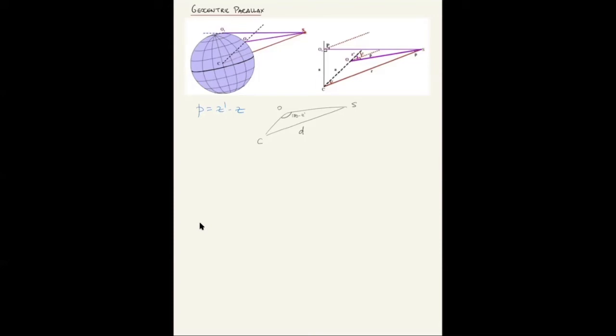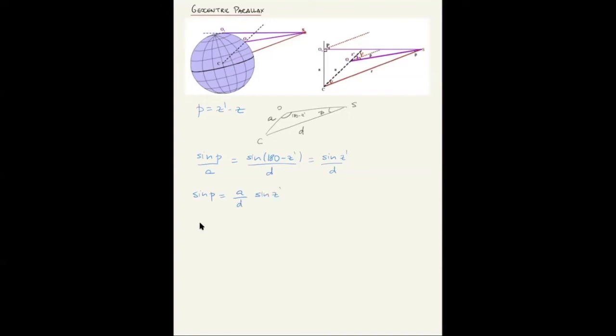So from O to C, that's the radius of the Earth, A. And the parallax is this angle P. So you apply the law of sines, and you have sine of P over A is equal to sine of 180 minus Z prime over D. So sine of 180 minus an angle is the same as the sine of the angle. So this is sine of Z prime over D. So you conclude that sine of P is equal to A over D times sine of Z prime.